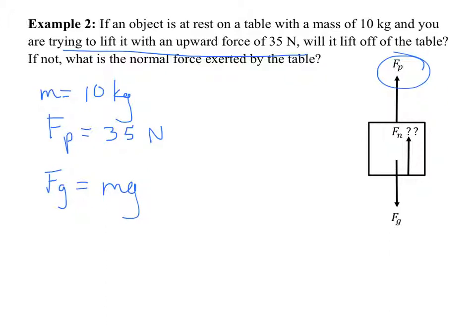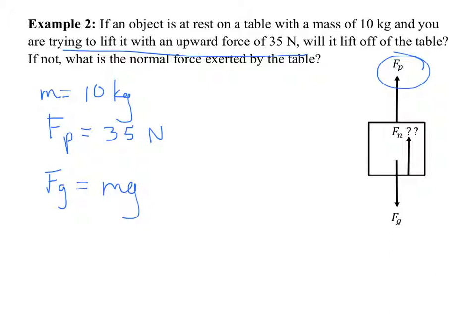All right? So if I look at this problem, when will the object lift off the table physically? If I start to pull up on your calculator and it's not lifting, I can't lift it, it's too heavy. When would it lift off the table? When I give it enough force. So if Fp is bigger than Fg, then it lifts off the table.